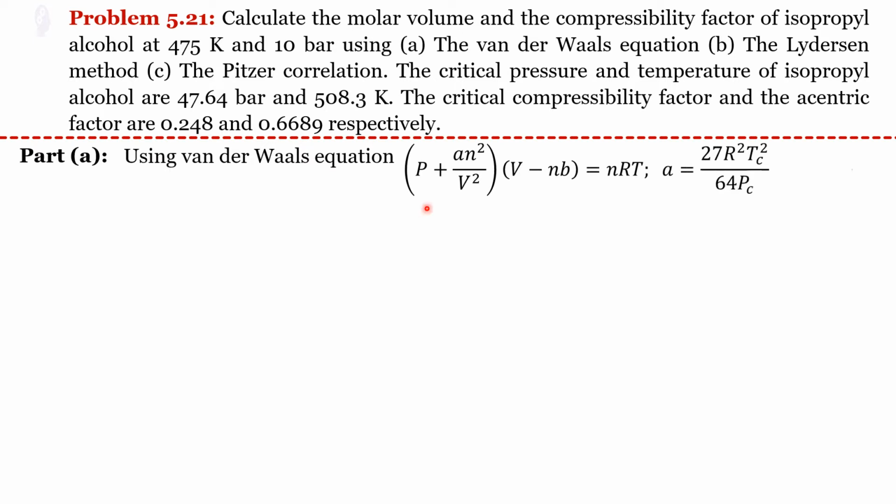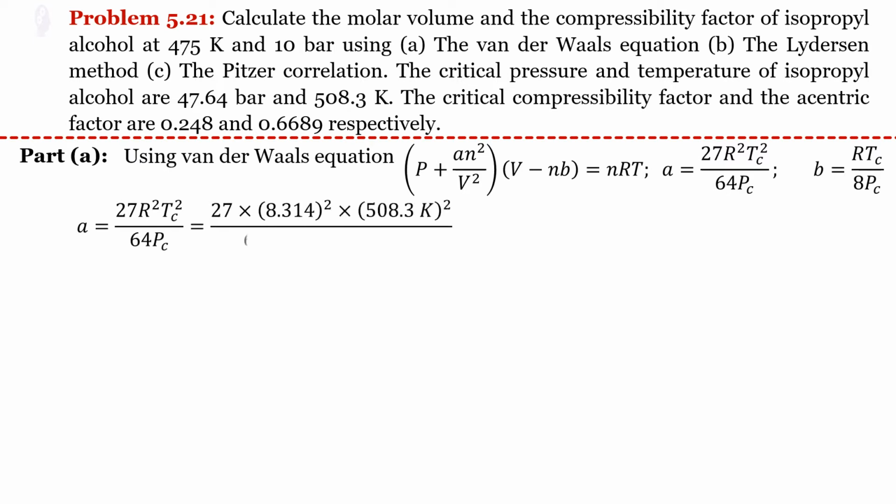This is the van der Waals equation, (P + a n²/V²)(V − nb) = nRT, where a and b are expressed in terms of critical temperature and critical pressure. In order to find the values of a and b, Tc and Pc should be known. First we will estimate the value of a.